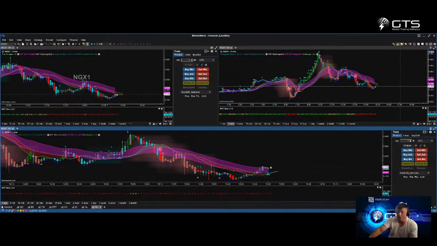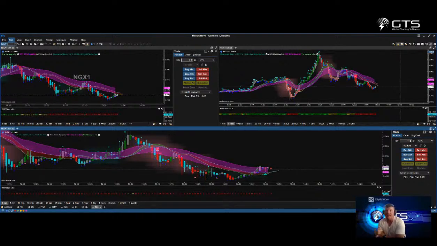Oh, I looked at the difference in volume for natural gas. NGX has 100-something thousand volume versus the NGZ. Hang on, let me look at it. NGZ, which has 58,000.